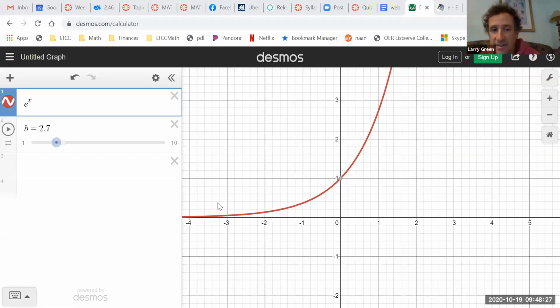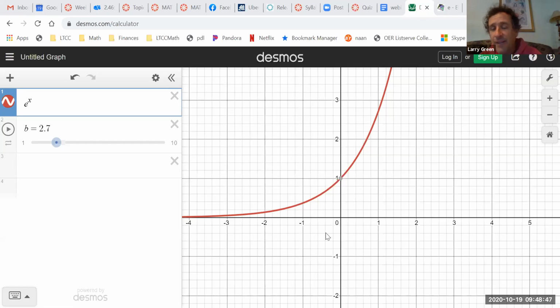There's a function. Is this a one-to-one function? Right? Is this a one-to-one function? Does it have an inverse? And this is from pre-calculus.